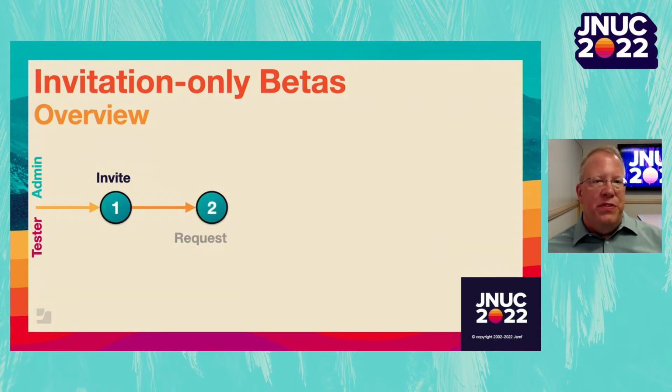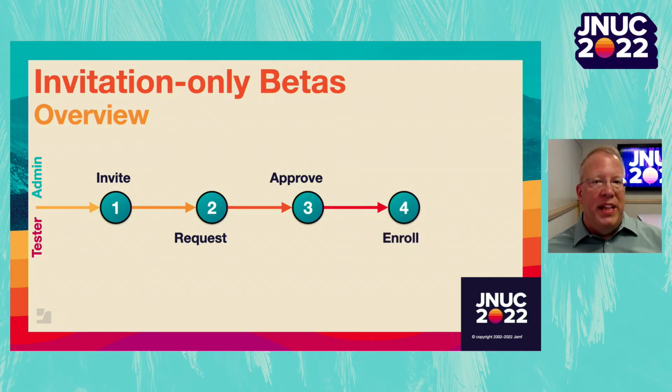Step number 2 is for your elite tester to request access via self-service. You want to confirm they're reading and understanding your expectations for this pilot. After your elite tester has requested access to the pilot, a Jamf Pro administrator completes step number 3 by granting approval. Once approved, users will receive prompts inviting them to enroll in the pilot, which is step number 4.